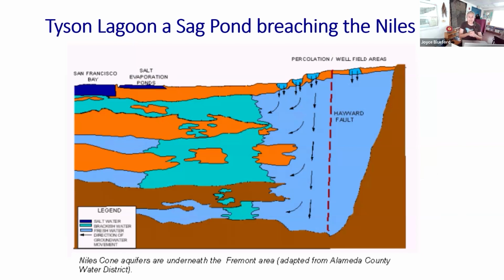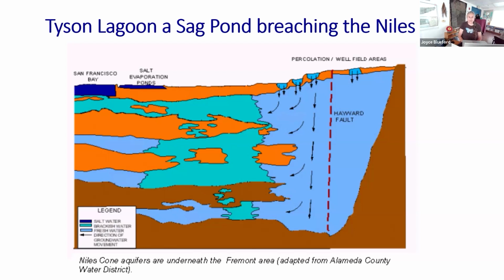And so if you notice here, it says Hayward Fault, and it breaches, it breaks the Hayward Fault. And so notice that the water goes up. And that's basically why we've had this lake here for a long time. So some of this water can be as old as 10 million years old.